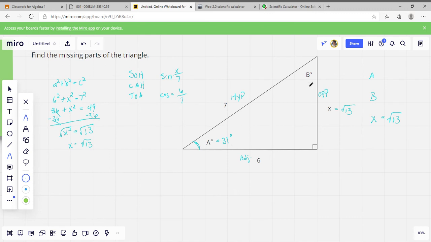All right, now to find B, we're just going to say 90 and 31 from 180. So here's our 90. That means A and B added together have to equal 90. So we're going to say 90 minus 31. And we're going to get 59. So A equals 31 and B equals 59.